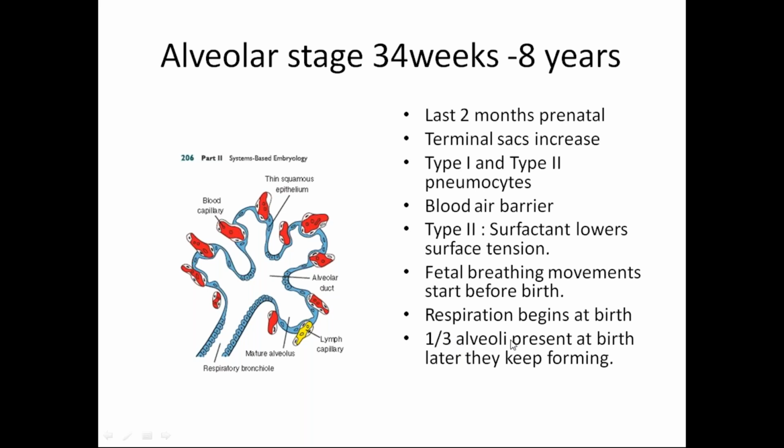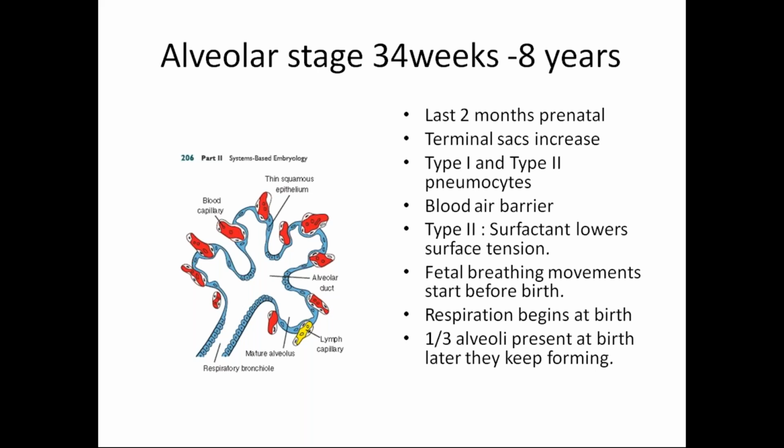So at birth, only 1/3 of the alveoli are present, and later on, as respiration sets in, alveoli start forming. Alveoli are not formed before that. So the pneumocyte 2 is the one which is forming the surfactant, and the constituent of the surfactant is a phospholipid which is capable of lowering the surface tension between the air and the alveoli interface.